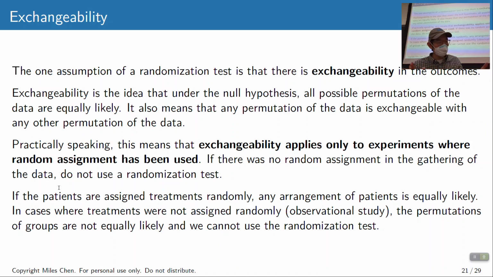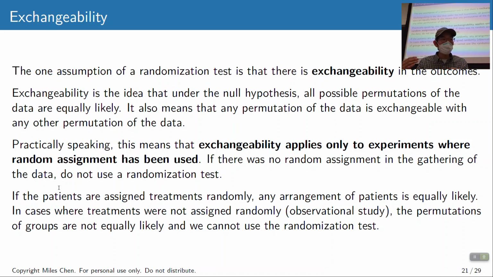It basically means the exchangeability thing is going to hold true when you have an experiment where random assignment was used. Again, if this experiment were to have been done in a parallel universe or just on another day, the 50 people that lined up could have ended up in a different order, and different people would have ended up in the control group, and different people would have ended up in the treatment group.